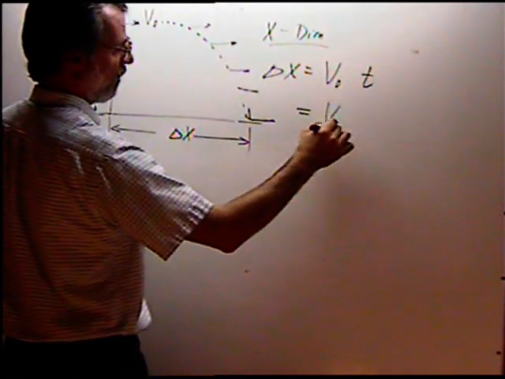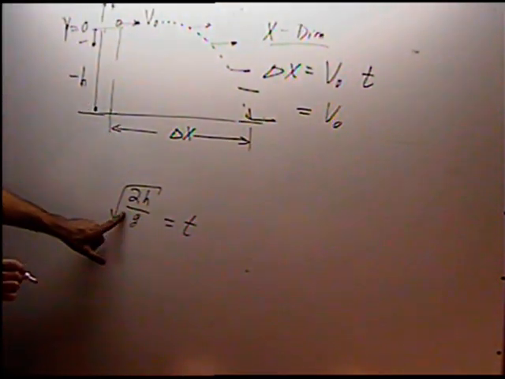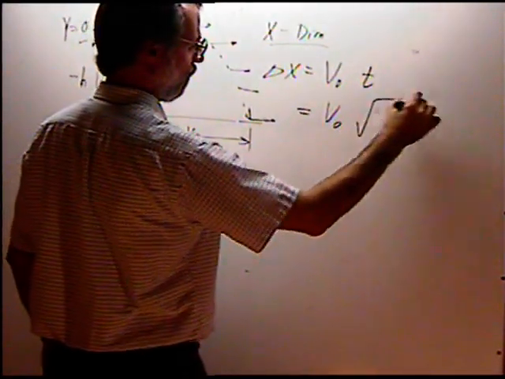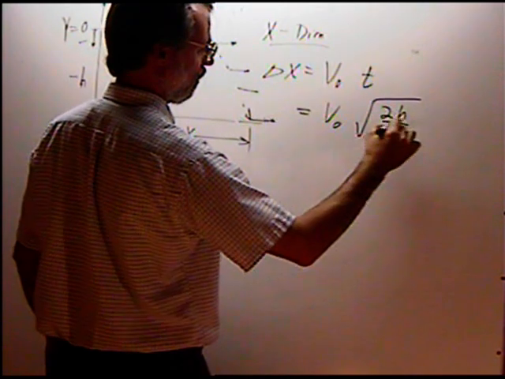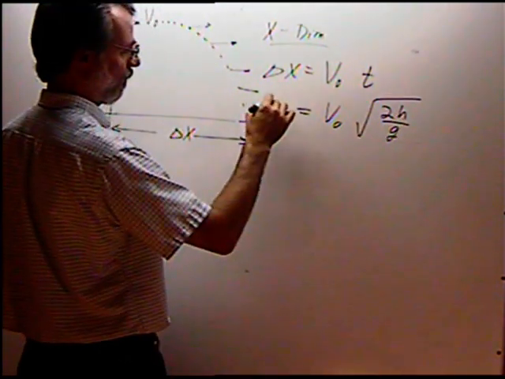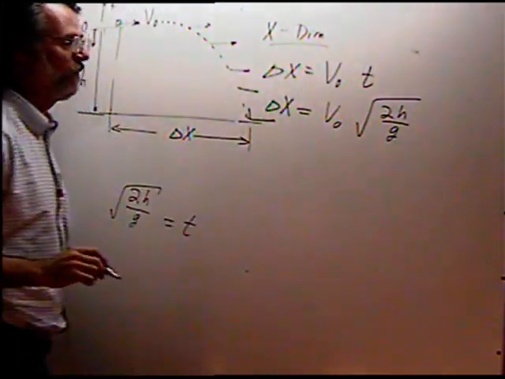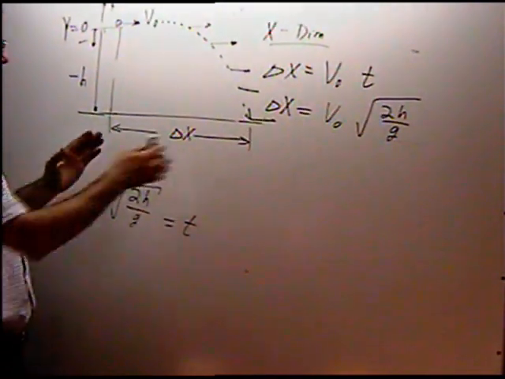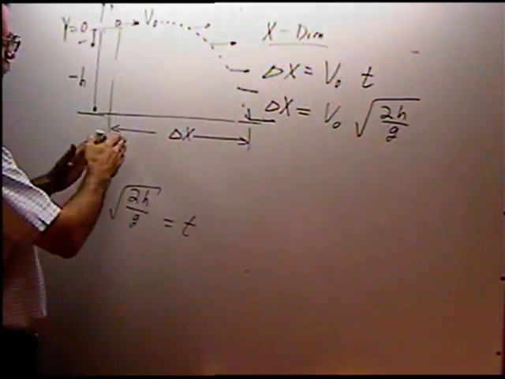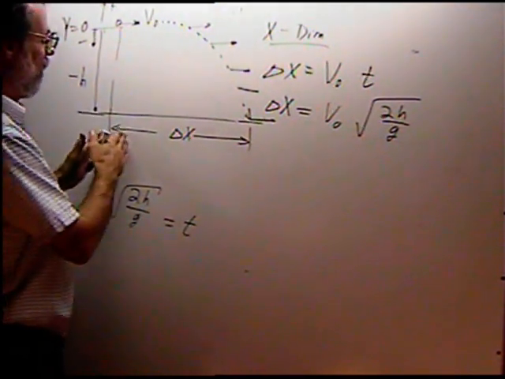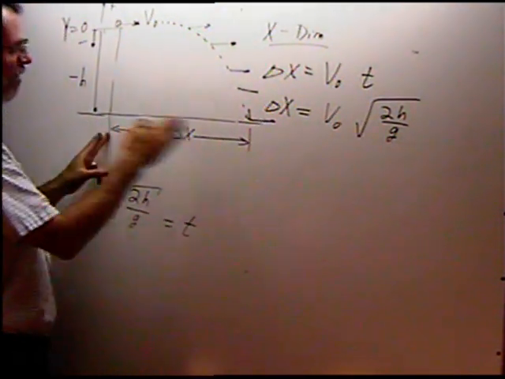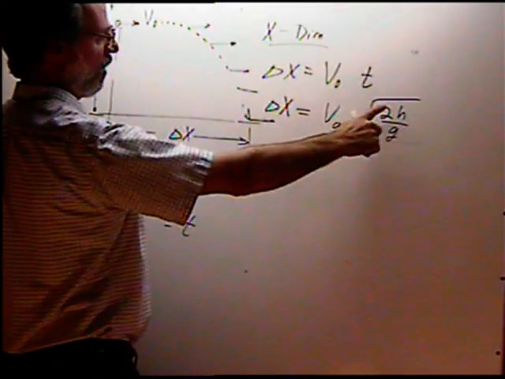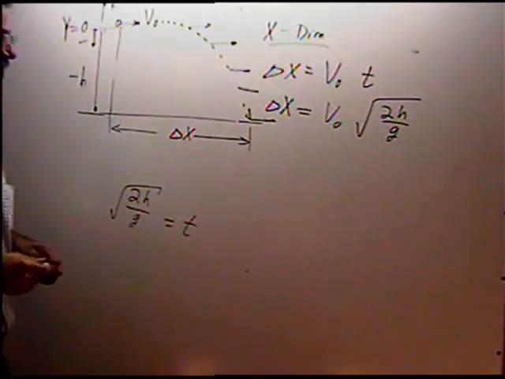So the initial velocity times, here's t, I'm going to plug that in, the square root of 2 times h divided by g. Okay, so this would be an expression of the range. Well, not the range. We can't call it the range, but this distance from the cliff to where it hits the ground. It would be the initial velocity times the square root of 2h all divided by g.